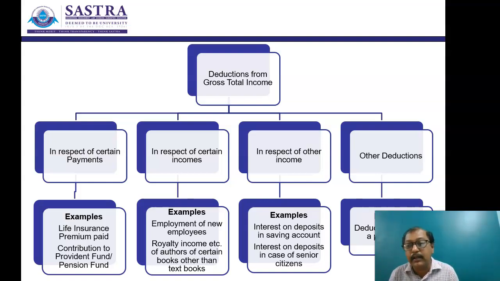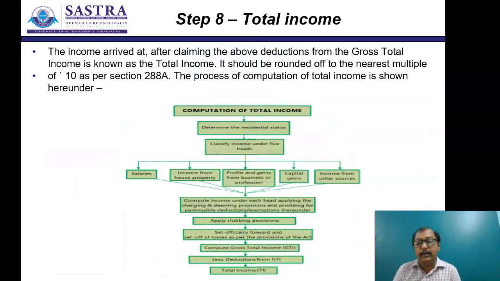Other deductions, let us say in case of personal disabilities, or maybe for certain expenditures, some deductions can be given. All these deductions are going to be deducted out, and you are going to arrive at the total income of an individual.